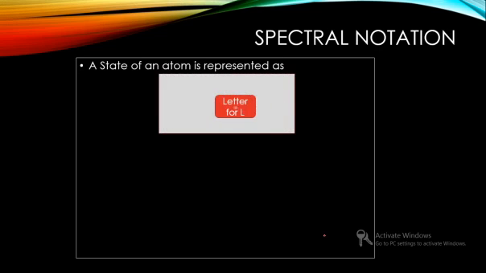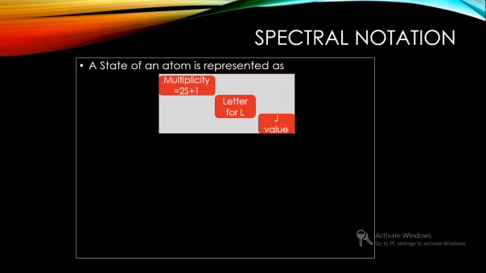Now, before going into how a spectrum is obtained, we need to know how we represent a state. The state of an atom is represented using the letter for the L value, the cumulative L value, capital L, followed by the J value written as a subscript, and on the left as a superscript, the multiplicity in terms of spin, 2S plus 1.